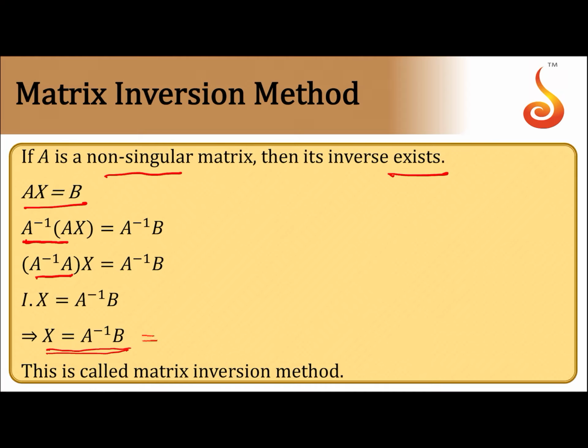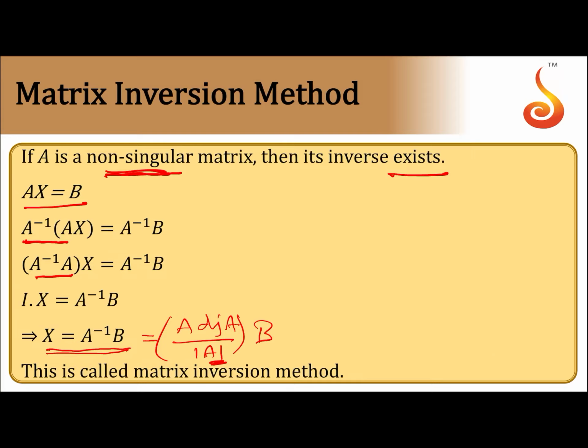And that is nothing but A inverse B, which can be written using the inverse of the matrix. We know that A inverse is nothing but adjoint A divided by det A, multiplied by the B matrix. So X is nothing but adjoint A by det A into B. Of course, as I told you, A is non-singular means the determinant of A is not equal to 0, so it is defined.